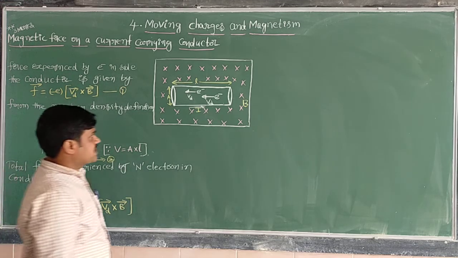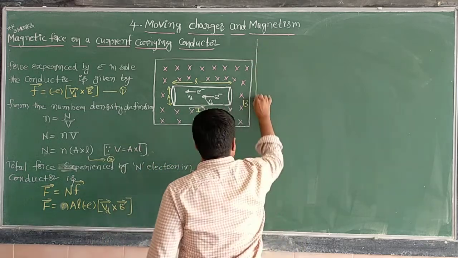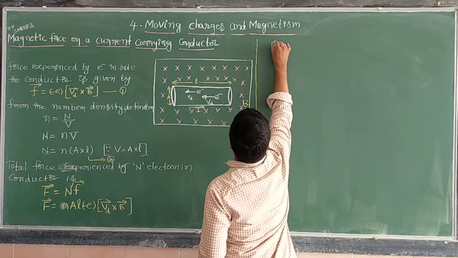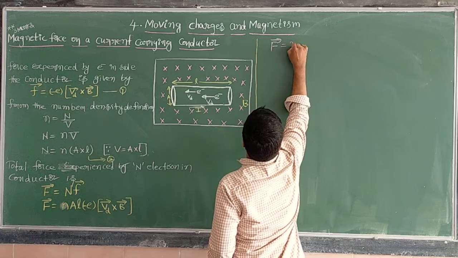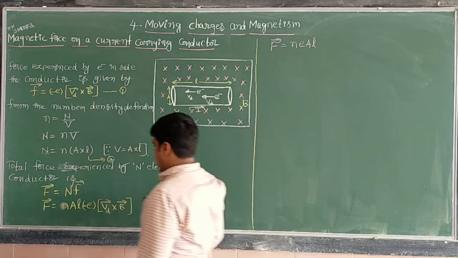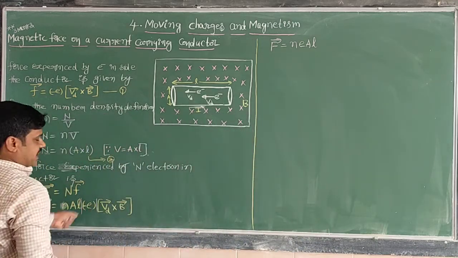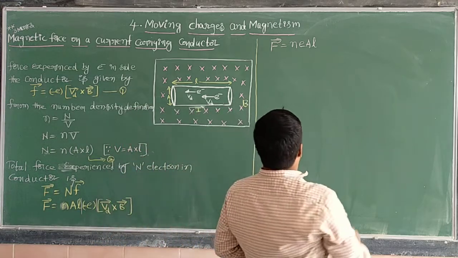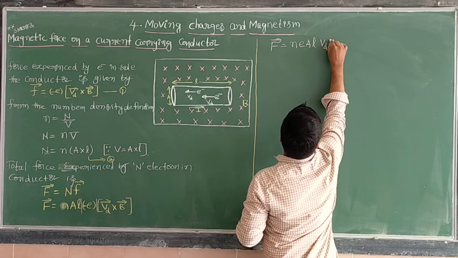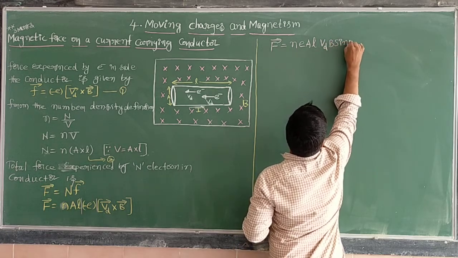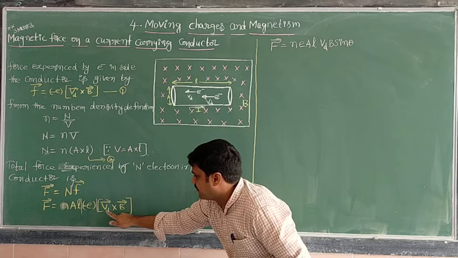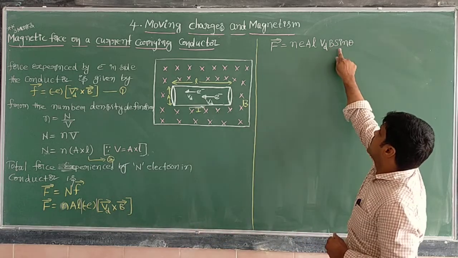So F bar is equal to n e A L into Vd B sin theta. Only the magnitude we will take here; the negative sign we can ignore. Vd bar cross B bar is nothing but Vd B sin theta.